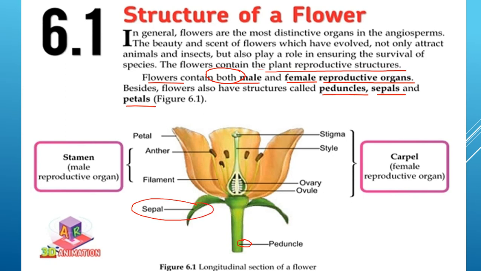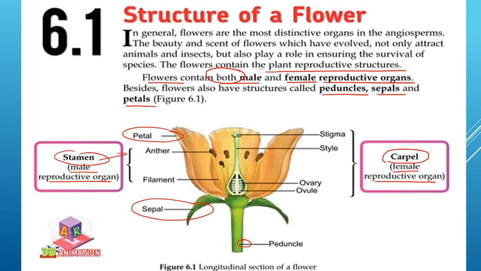And this one is the petal. And then you contain both female and male reproductive organs. For the female reproductive organ, we call it the carpel, and for the male reproductive organ, we call it the stamen.